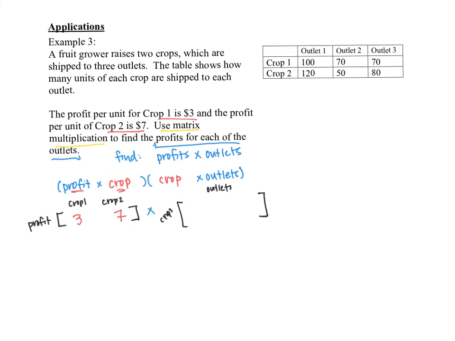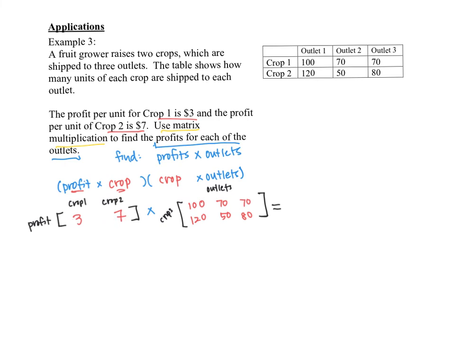If it was not matched up the way I wanted it to match up, I might rotate it. I would change the table so it does match. Okay, now that I have it lined up properly, I'm going to use matrix multiplication, and my result should be the profits by the outlets. Okay, and yes, you're going to show me that one little step.